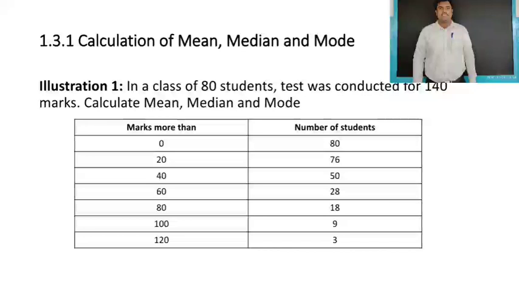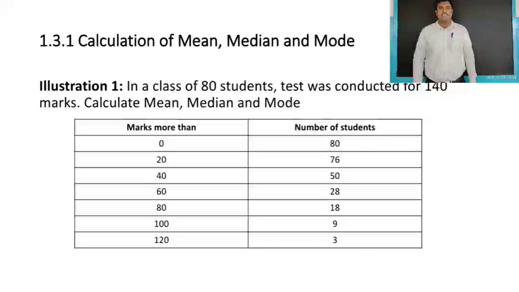So how is this class interval constructed? Here they say marks more than 0, 20. So I can have a class interval of 0 to 20, 20 to 40, 40 to 60, and so on. And the last class interval will be 120 to 140.